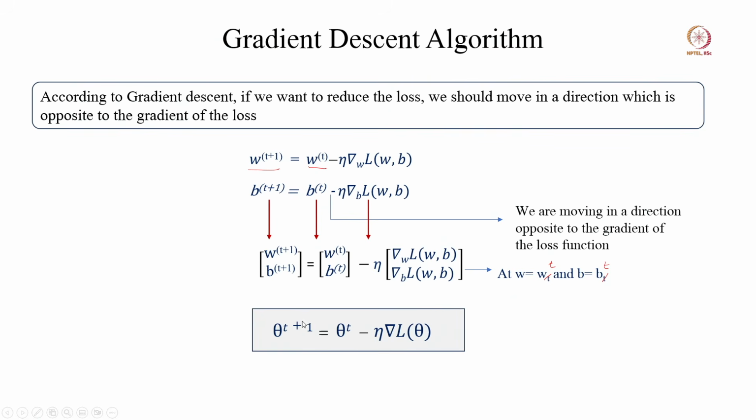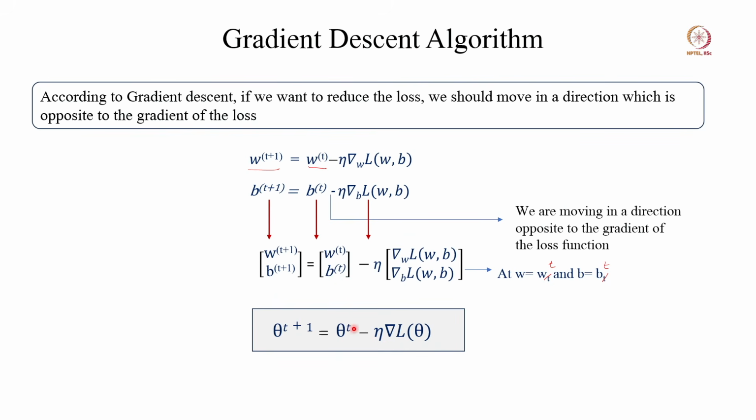Now, my final equation is theta t plus 1 equals theta t minus eta times the gradient of L with respect to theta. What is my theta t plus 1? Theta t plus 1 is coming from here, which is the weights at time t plus 1 and the biases at time t plus 1. So this entire thing is theta t plus 1, whereas your theta t is nothing but Wt and Bt, that is the weights and biases at time step t.